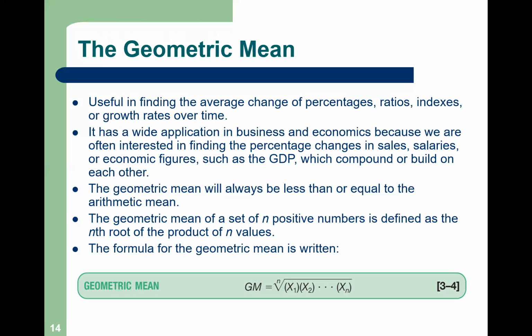Arithmetic mean does not provide the change over a period of time, but geometric mean is a useful tool that provides the change or growth over a period of time. And geometric mean is also used in economics, in business finance, in marketing, and many other different areas.